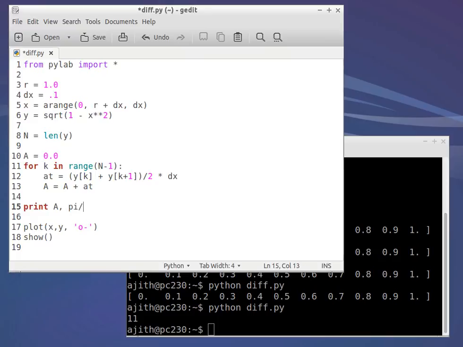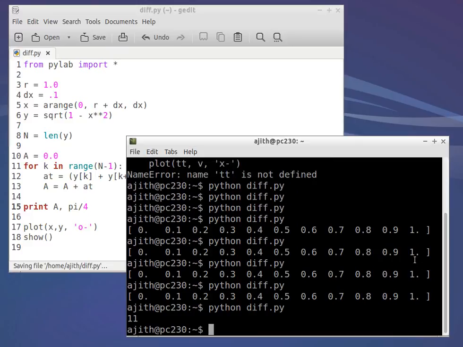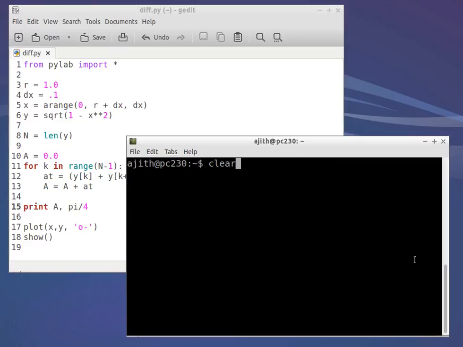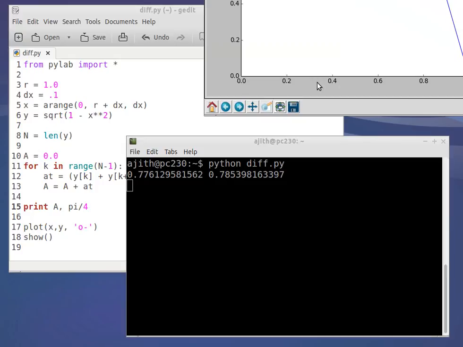So let us put pi by 4 also here, so that we compare our result with the actual value. So you can see we get something like this, but the actual pi by 4 is 0.785. That means our results are not accurate, because you can see on each curve, our approximation is not really good.